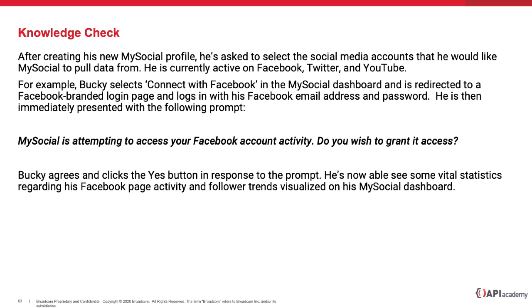He is then immediately presented with the following prompt. MySocial is attempting to access your Facebook account activity. Do you wish to grant it access? Bucky agrees and clicks the Yes button in response to the prompt. He is now able to see some vital statistics regarding his Facebook page activity and follower trends visualized on his MySocial dashboard.